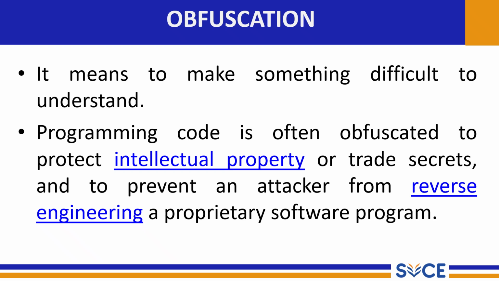The programming code is often obfuscated to protect intellectual property or trade secrets and to prevent an attacker from reverse engineering a proprietary software program. Encrypting some or all of a program's code is one obfuscation method.